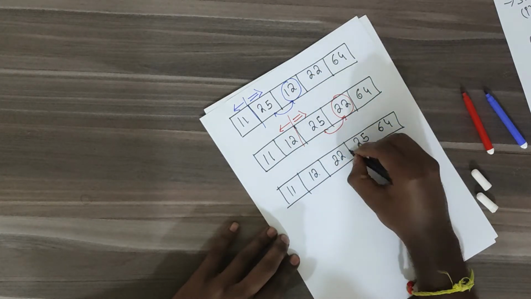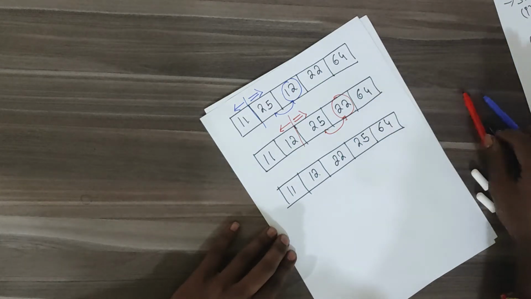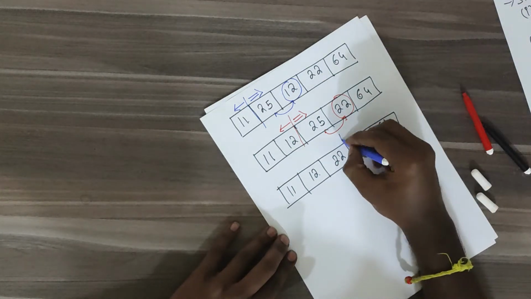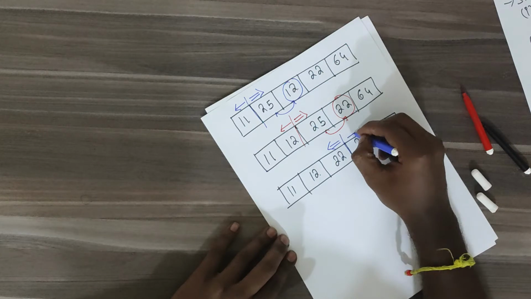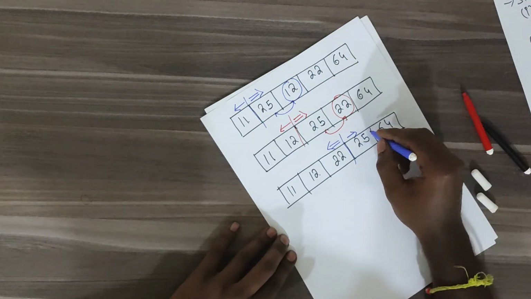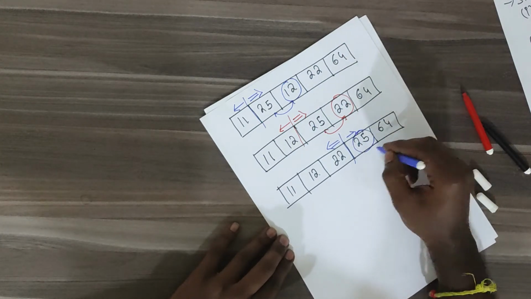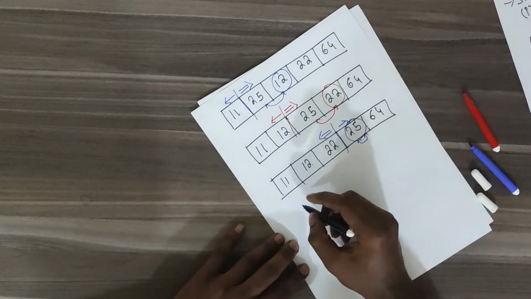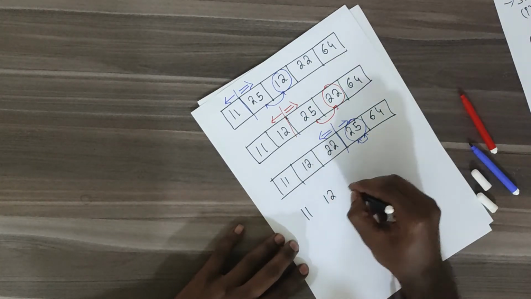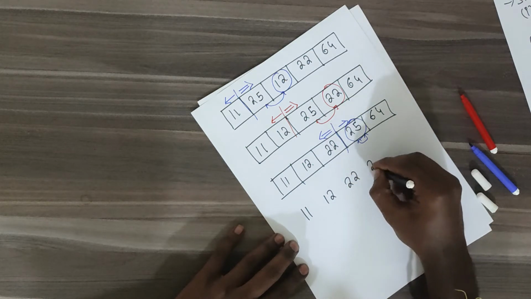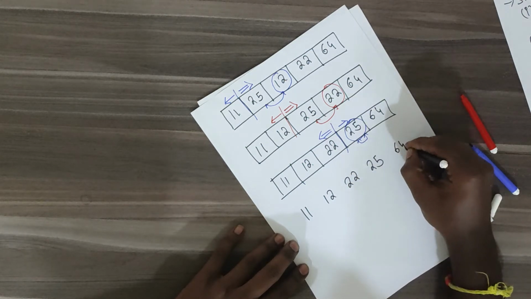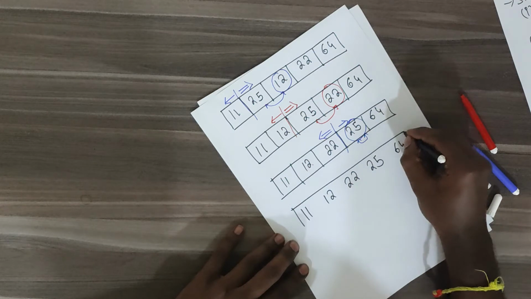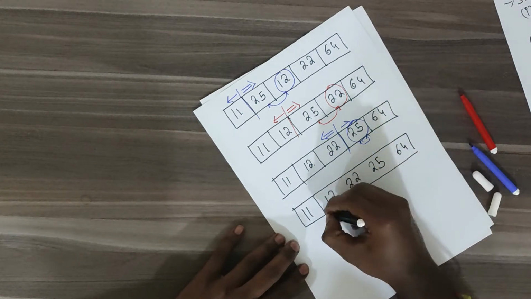This would be the array after the third iteration, stating that these elements are sorted, and we have to do this again. Since this is the smallest element, it would be swapped again to this position. So our final array would be 11, 12, 22, 25 and 64. This would be our final array.